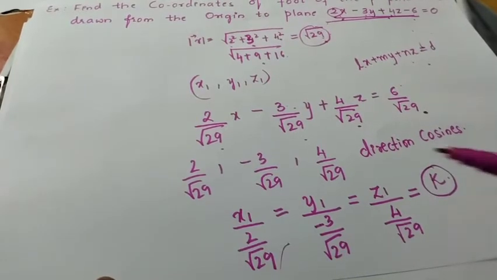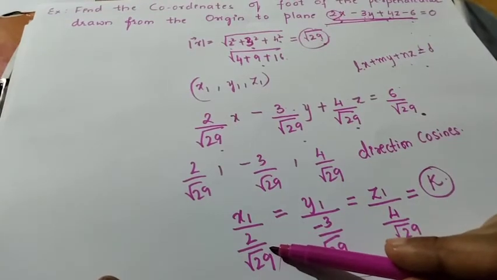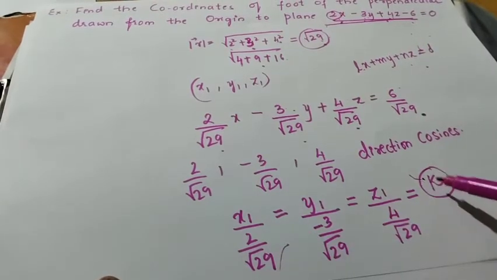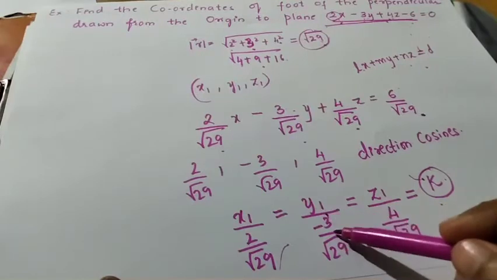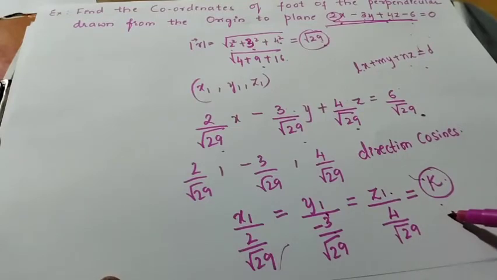Now I equate. The value of x1, shifting this here, becomes 2k divided by root 29. The value of y1 is minus 3k divided by root 29. The value of z1 is 4k divided by root 29.